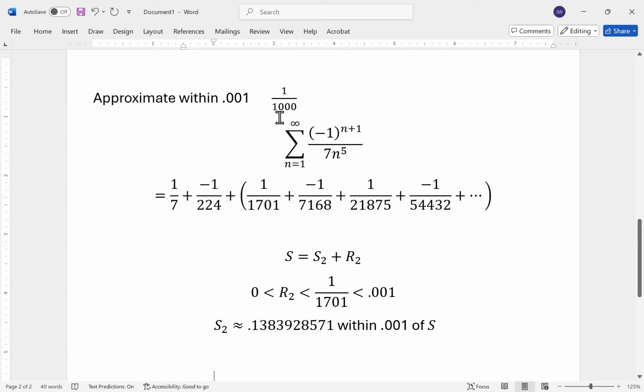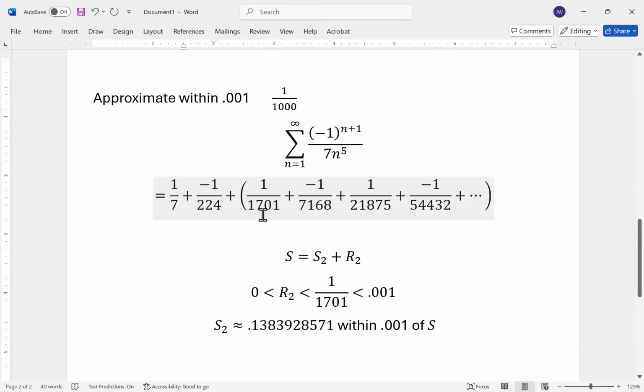So this is the pattern of what we do. Whether we're using a decimal or we're using a fraction, I set up my alternating series terms. And then because of the way converging alternating series work, I can do this trick with my remainder, that my remainder is going to be bounded between 0 and the first term in the remainder.